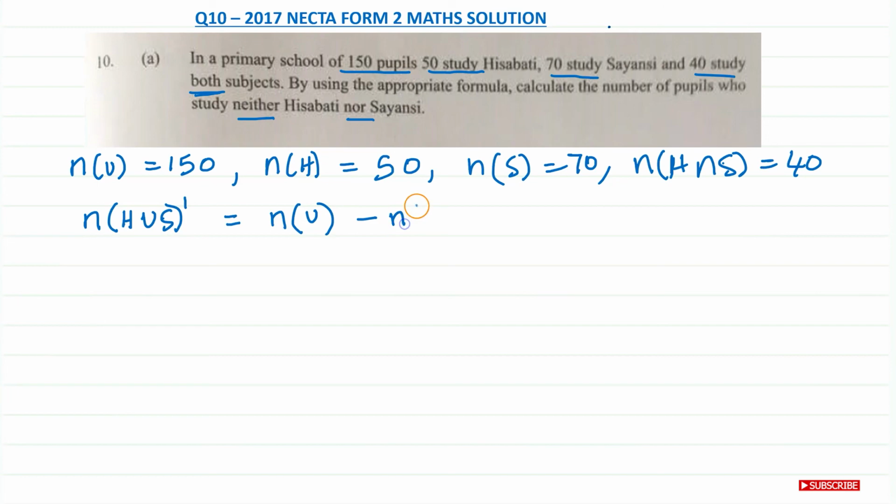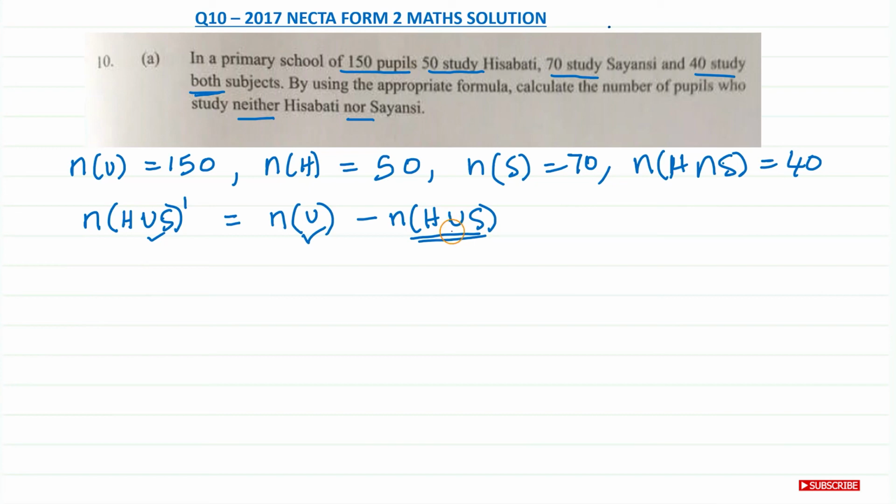So number of H union S. Now this is what we need to find, because we've got that one, and this is what we've been asked to find. So let's find this one.